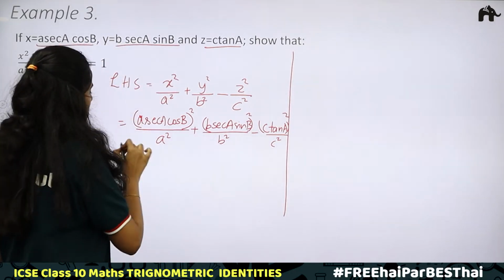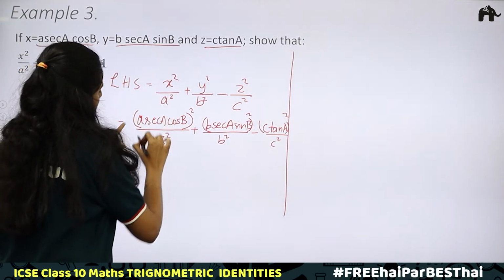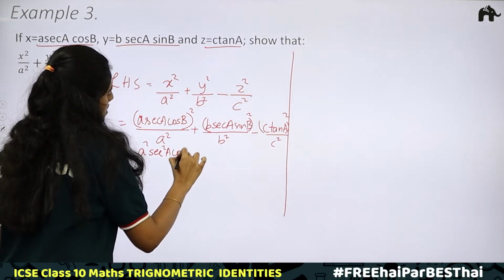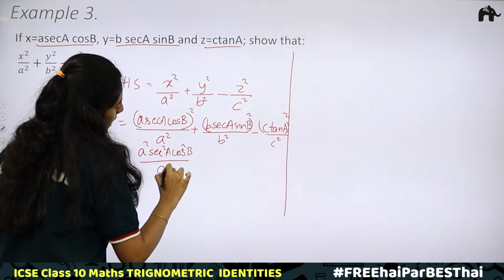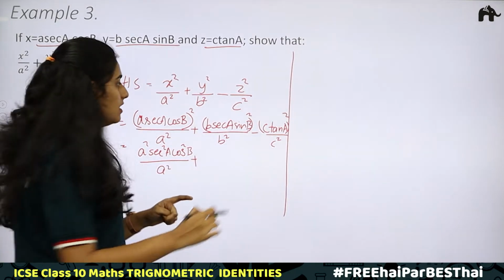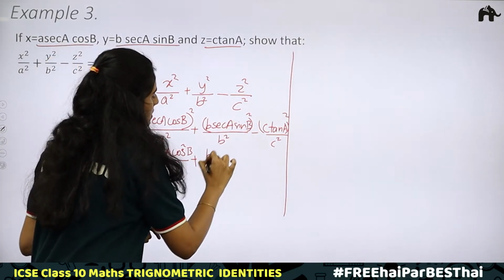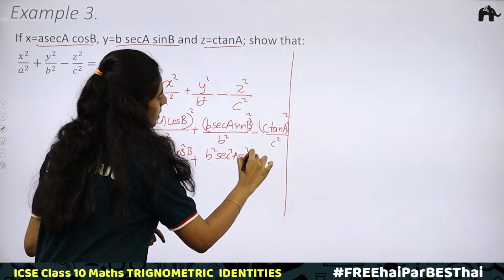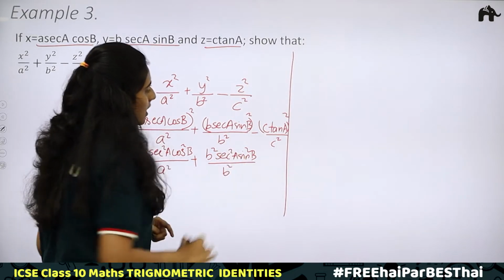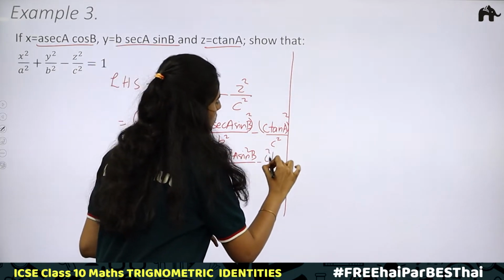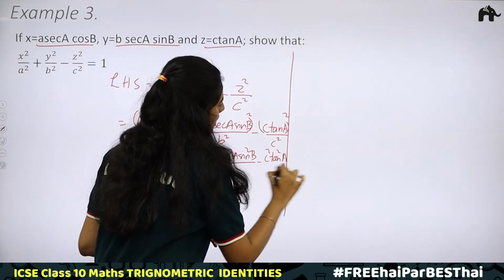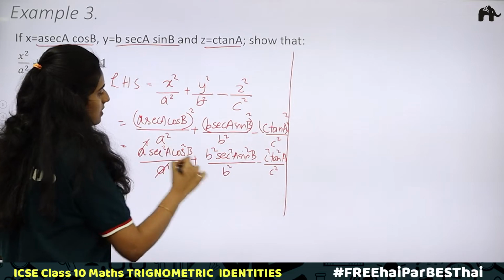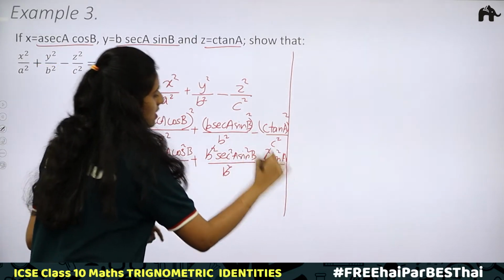Now here we get a square sec square a cos square b divided by a square, plus here again the whole square becomes b square sec square a sin square b divided by b square, minus c square tan square a divided by c square. You can cancel these a square, b square and c square.